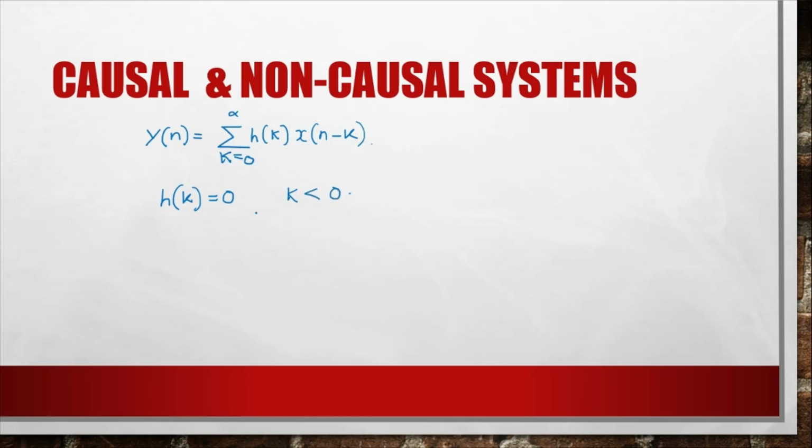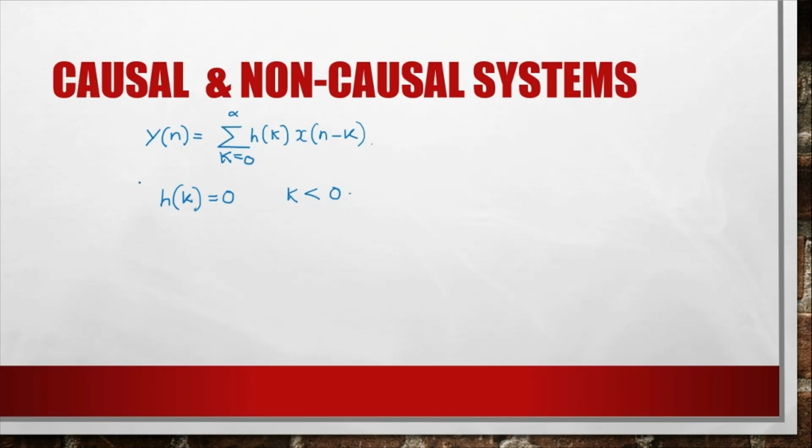That means if k is negative, the LTI system's output response becomes 0. This k is the time parameter, and if these values are not positive, the system will give you a 0 output.